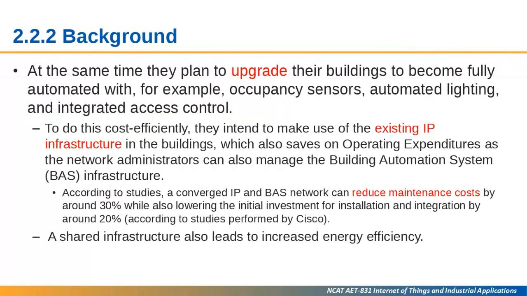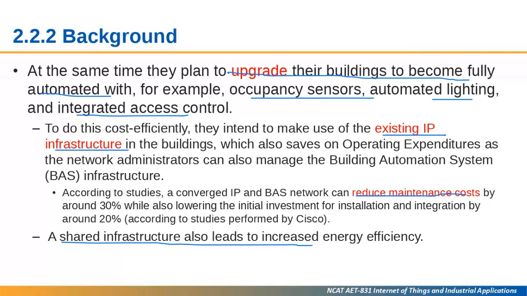Okay. At the same time, they plan to upgrade their system to become fully automated with, for example, occupation control, automated lighting, and integrated access control. To do this, they will make use of the existing IP infrastructure, so that they can reduce the maintenance cost. And also a shared infrastructure helps to increase energy efficiency.